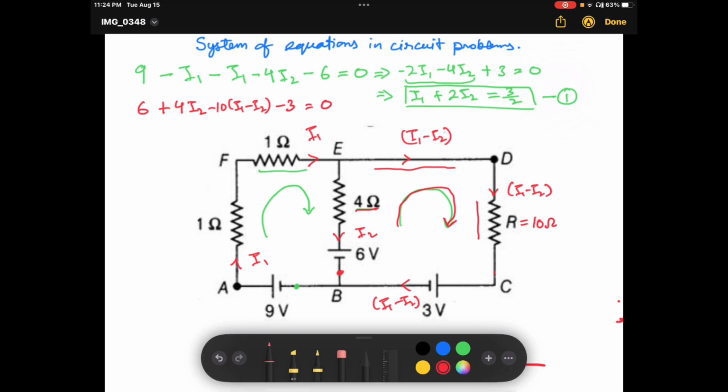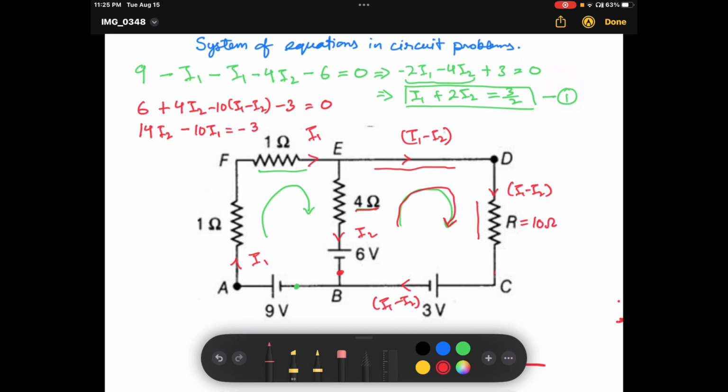Simplifying this, 4I2 minus negative 10I2, so that is 14I2 minus 10I1. And I've moved this, 6 minus 3 is 3 on the left hand side. I've moved it to the right hand side, and that becomes minus 3. I will do a further simplification.